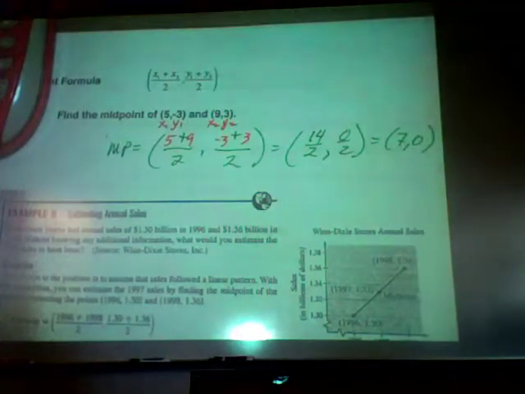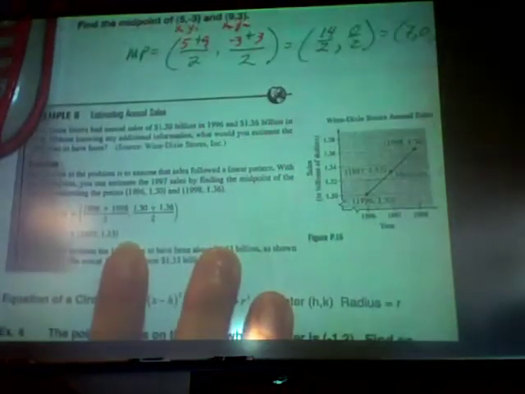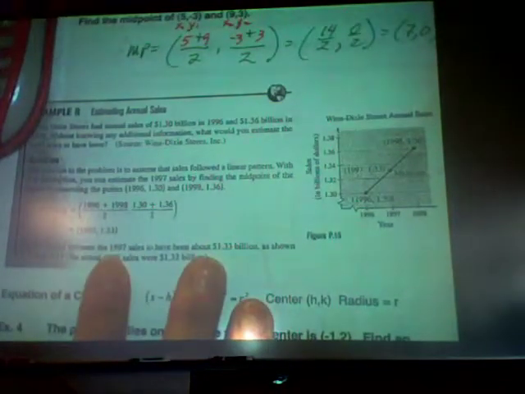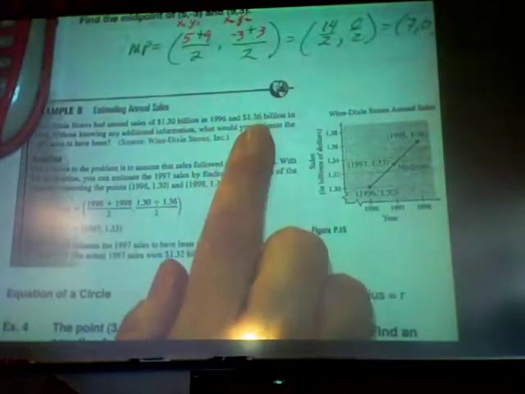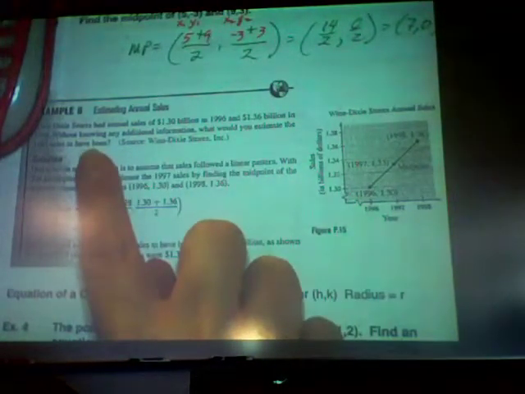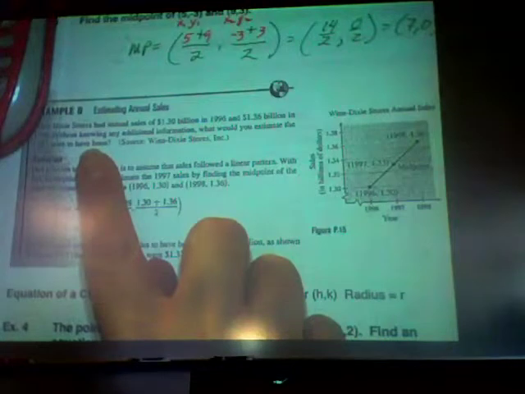Okay. Then I put an example in here. This is directly out of your textbook, and it just talks about how I would find some missing information. And so they've got annual sales of 1.3 billion in 1996 and 1.36 billion in 1998. The year in between 96 and 98 is 97, isn't it? So if I wanted to find the sales in 1997, wouldn't it make sense to use the midpoint?